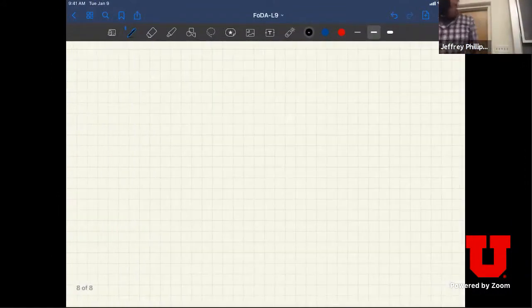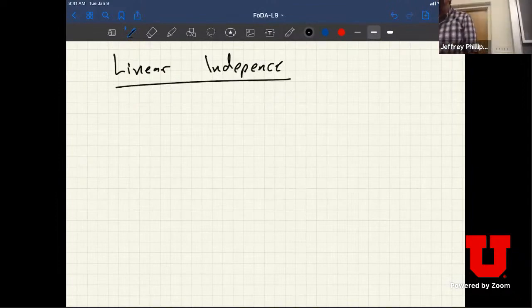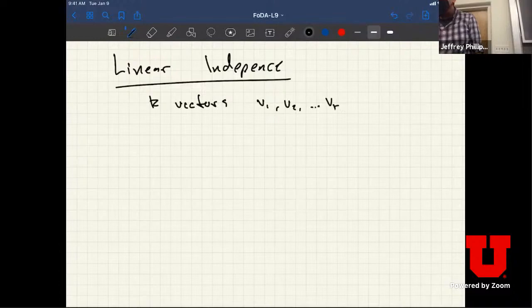Okay, great. Before we get to Python, I want to talk about another really important concept, linear independence. So let's think I've got K vectors now, v1, v2, up to vk, and these are all in Rd.